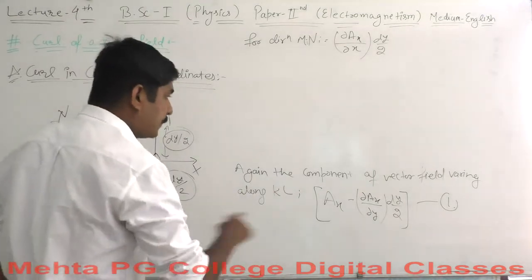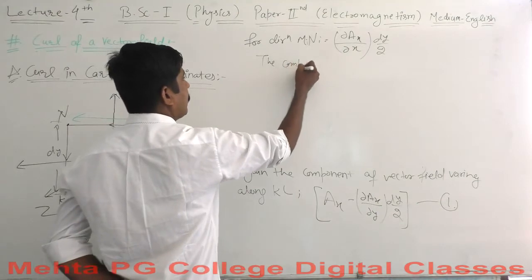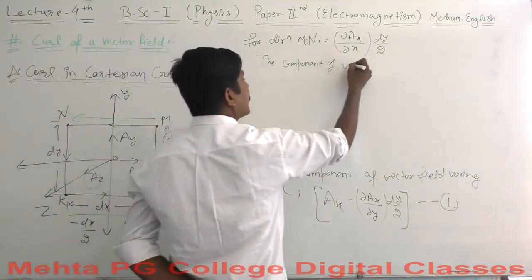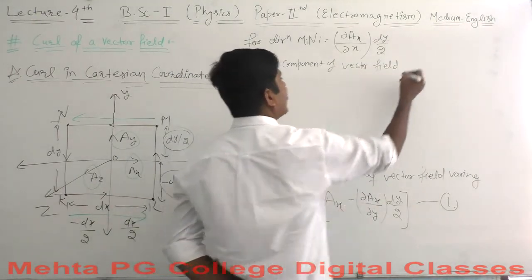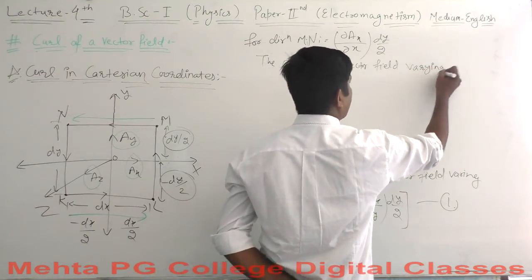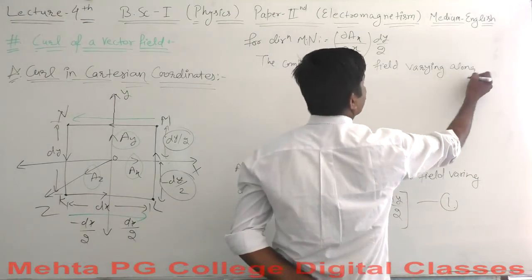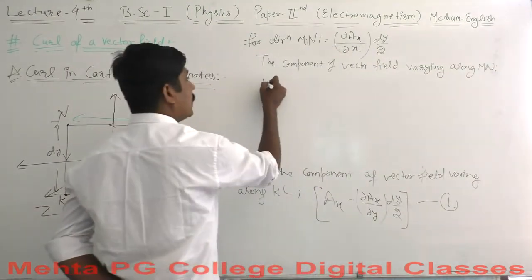And what will be the component of vector field varying along MN?